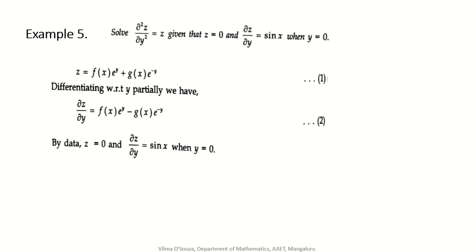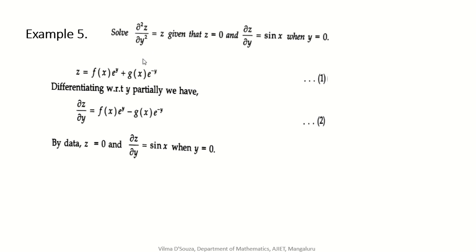Okay. So let me repeat the first step here. Let us suppose that z is a function of y alone. So the given PDE assumes the form of an ODE. d square z by dy square is equal to z. Or you can write it as d square minus 1 of z is equal to 0.